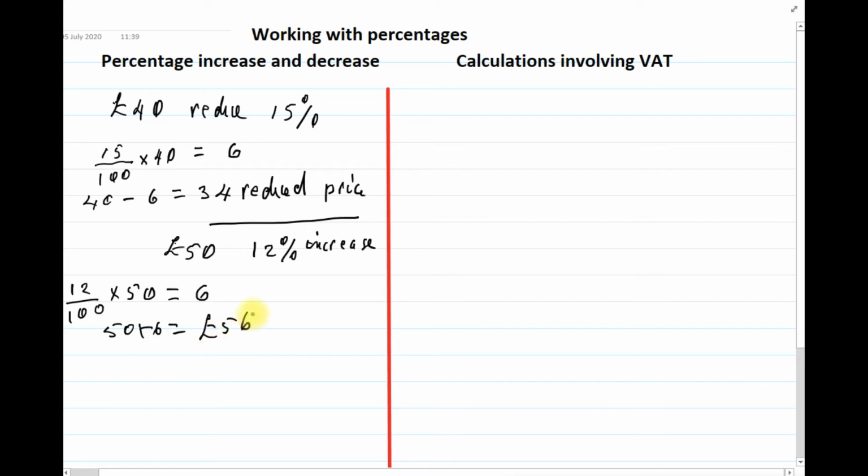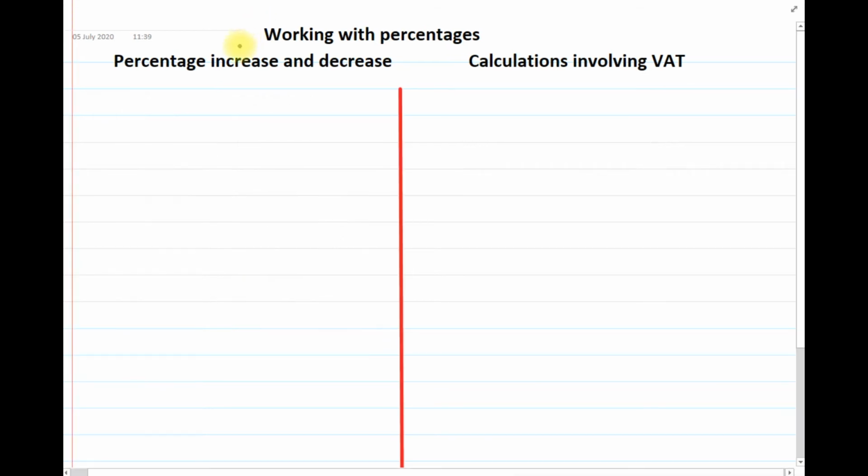Now we can put these two in a very convenient formula. We can use a bit of algebra to create a formula for this.